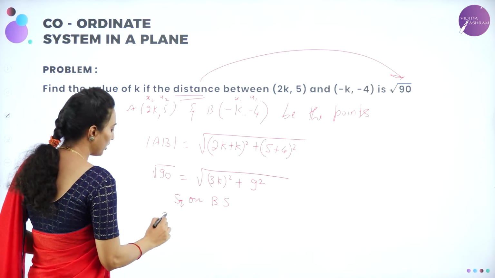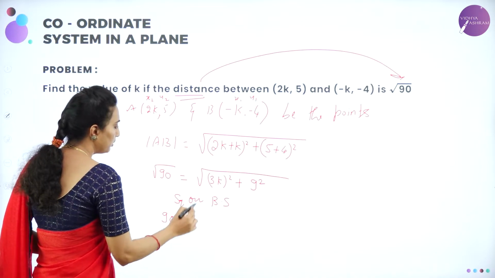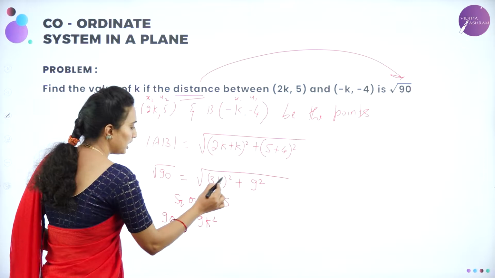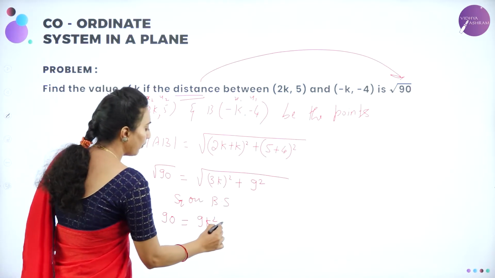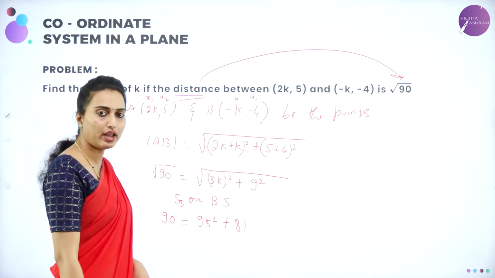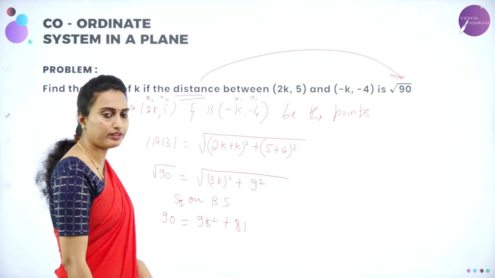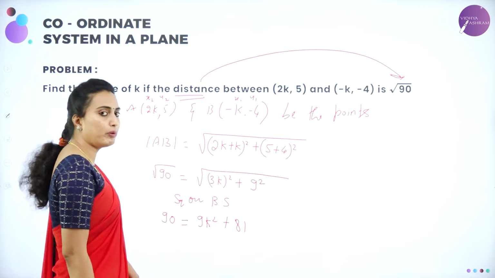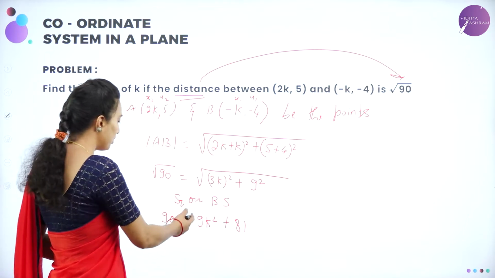You are going to remain with 90 is equal to 3k squared plus 9 squared. 3k squared is 9k squared, because 3 3s are 9, and 9 squared is 81. Right? 9 9s are 81, correct? So therefore you can divide throughout by 9, since it goes by 9.